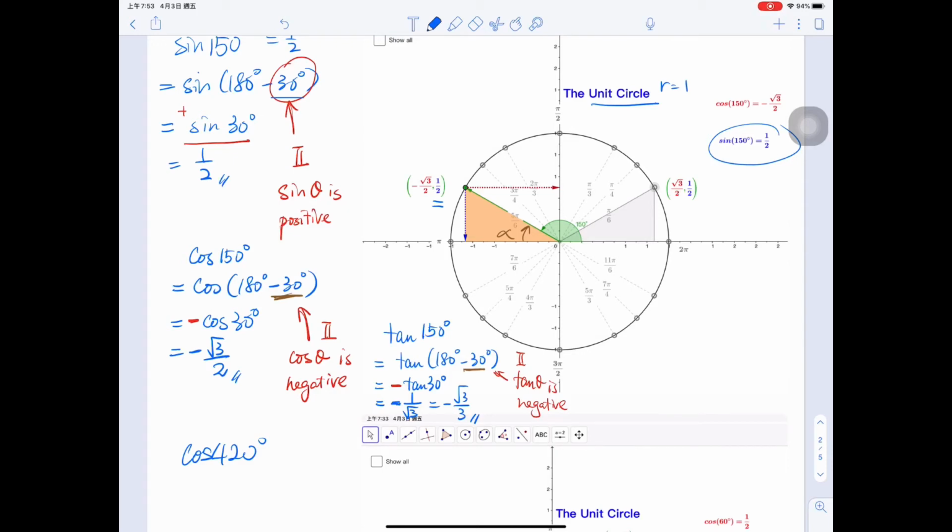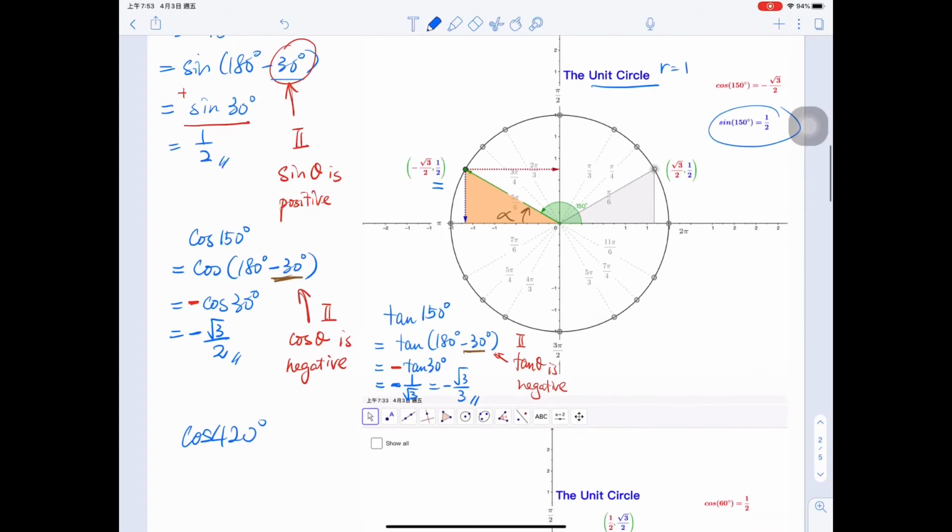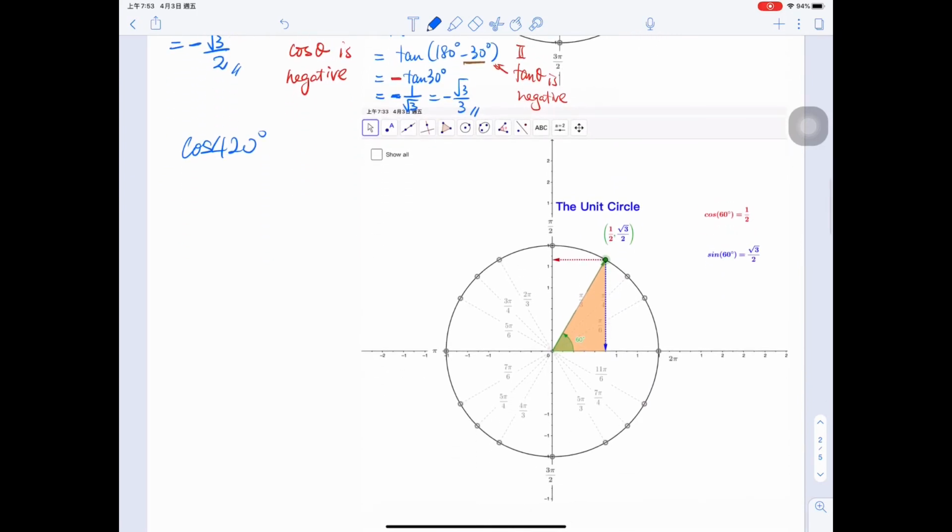Is it clear? Let's just have a look at one more. If cosine theta, where theta equals 420, then what's this? Theta equals 420, and you see that this one is actually cosine of 360 plus 60 degrees, right?